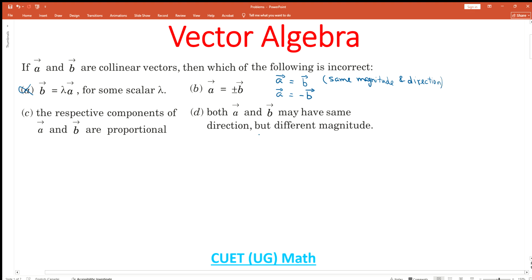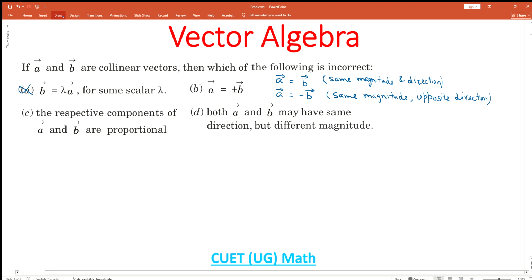But for collinear vectors, it is not mandatory that they have the same magnitude. Similarly, if vector A is equal to minus vector B, that means they have the same magnitude but opposite direction. Collinear vectors do not have to have the same magnitude.